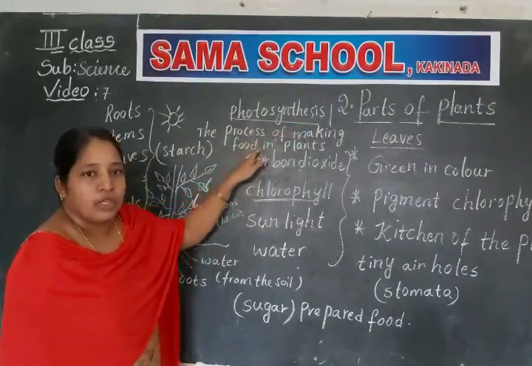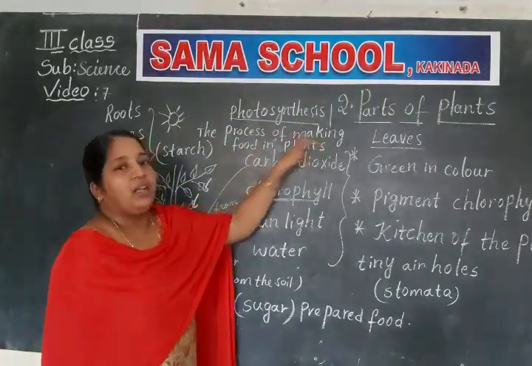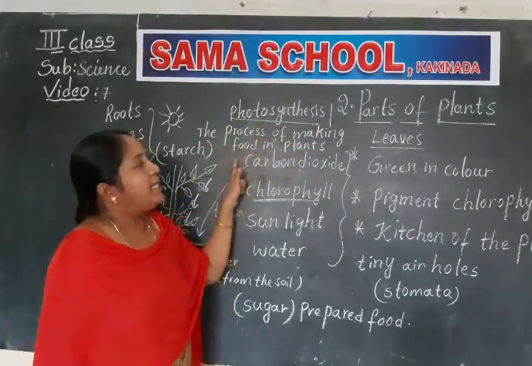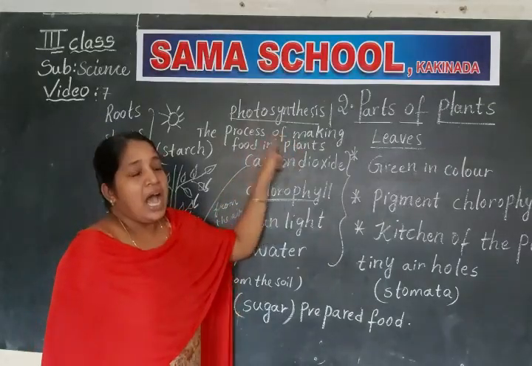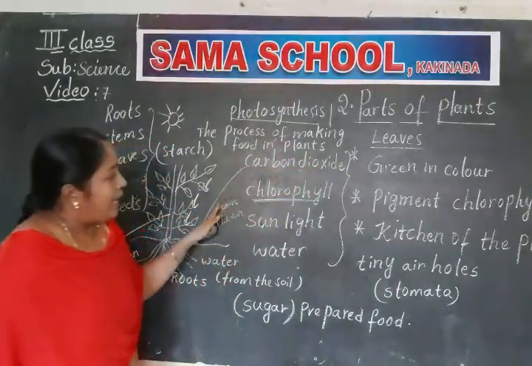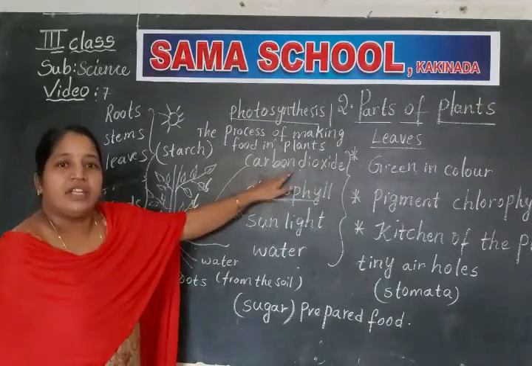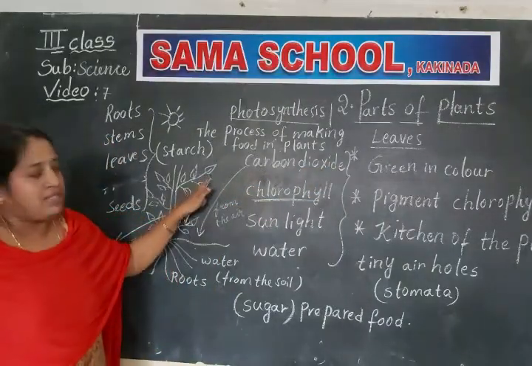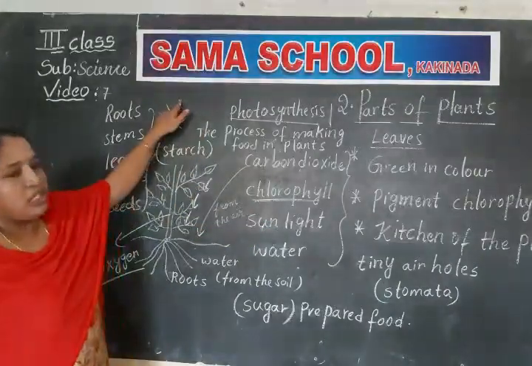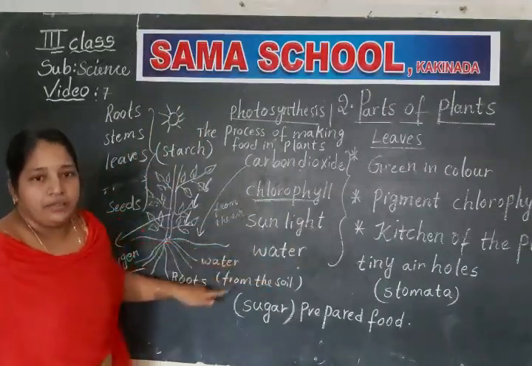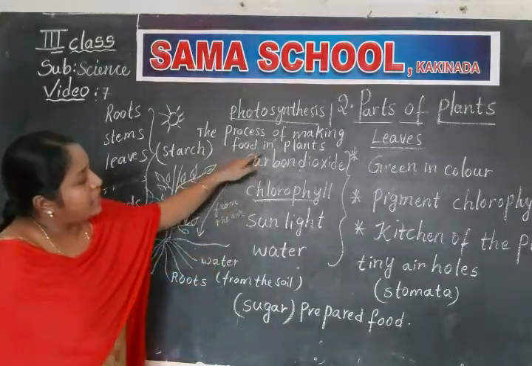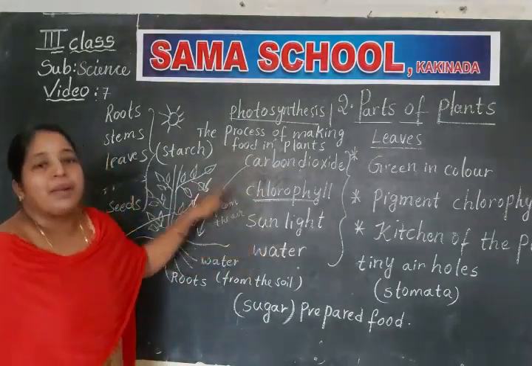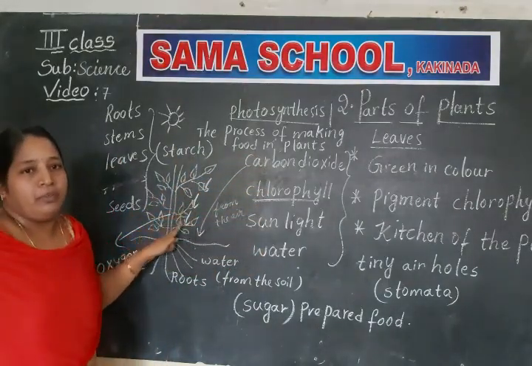Photosynthesis means the process of making food in plants. How do plants prepare food? With the help of carbon dioxide, which is present in the air, chlorophyll, which is present in the leaves, sunlight from the atmosphere, and water from the roots. By using these four substances, plants can prepare their own food material.